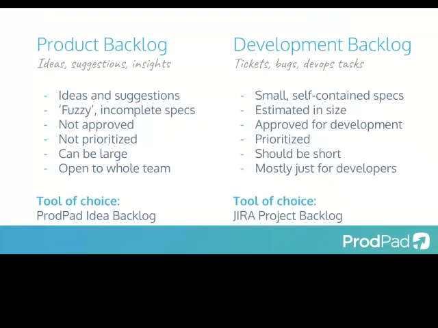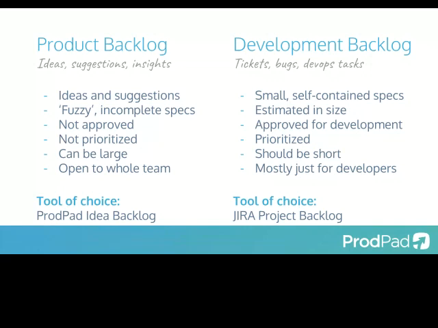The development backlog, and this is basically your stack of specs that are ready to go, approved for development, and just waiting for someone in the development team to pick up and start building. This backlog should be relatively short and tidy. It lives in a JIRA board with a status of open or something similar to that, but its input is prioritized, it's ready to go, pushed directly over from your product backlog in ProdPad.